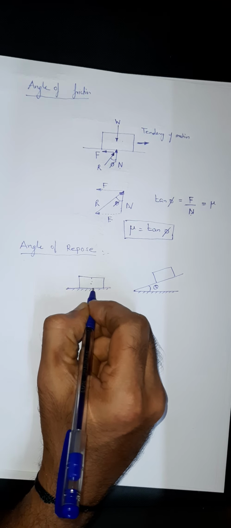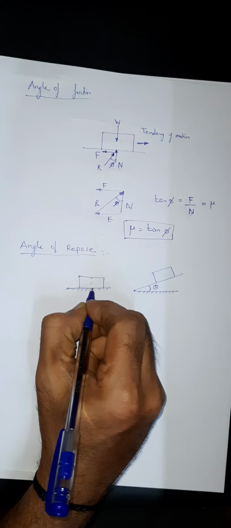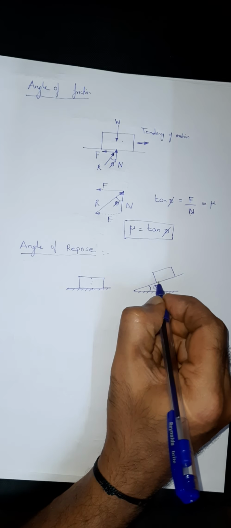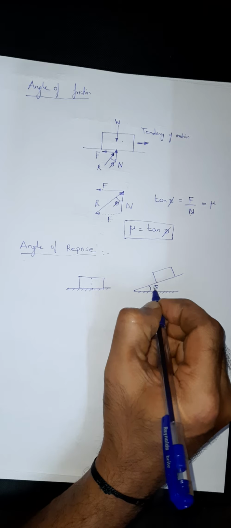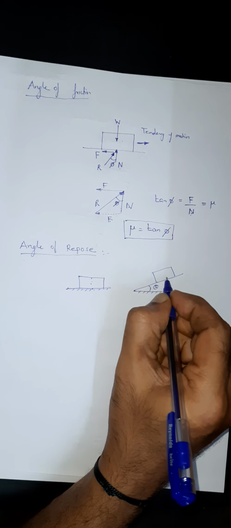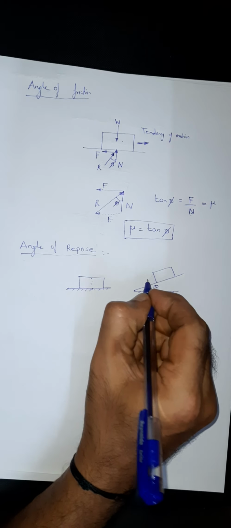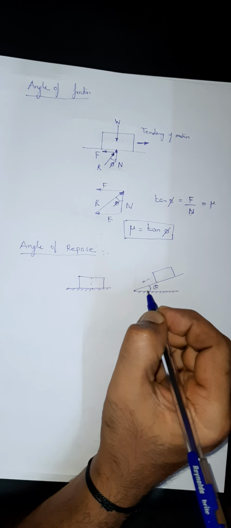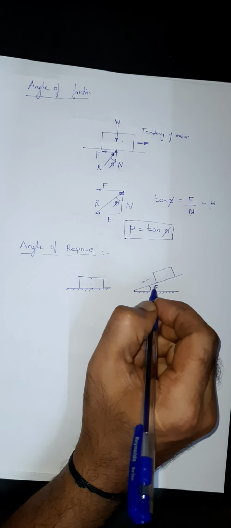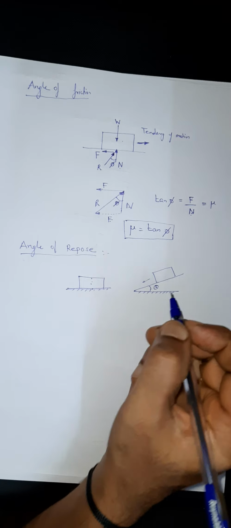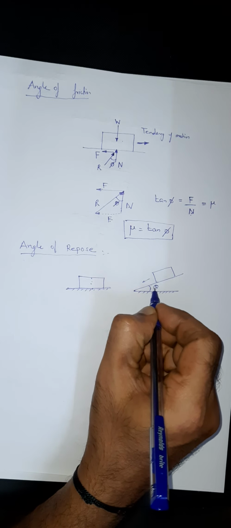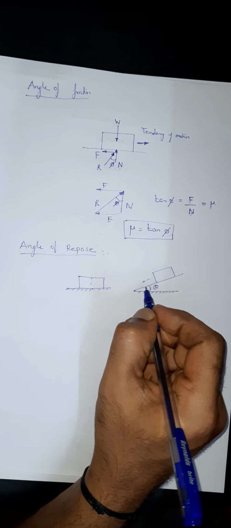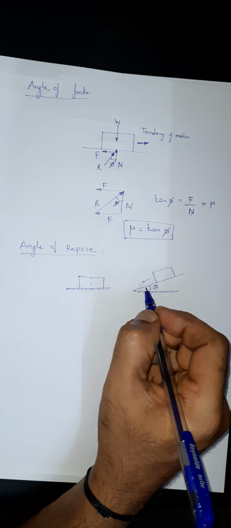So therefore it does not move, right? When the surface is tilted at an angle of theta, the body starts to move downwards due to gravity, right? So the definition of angle of repose is the minimum angle at which the body starts to move. Is it clear now? Right.